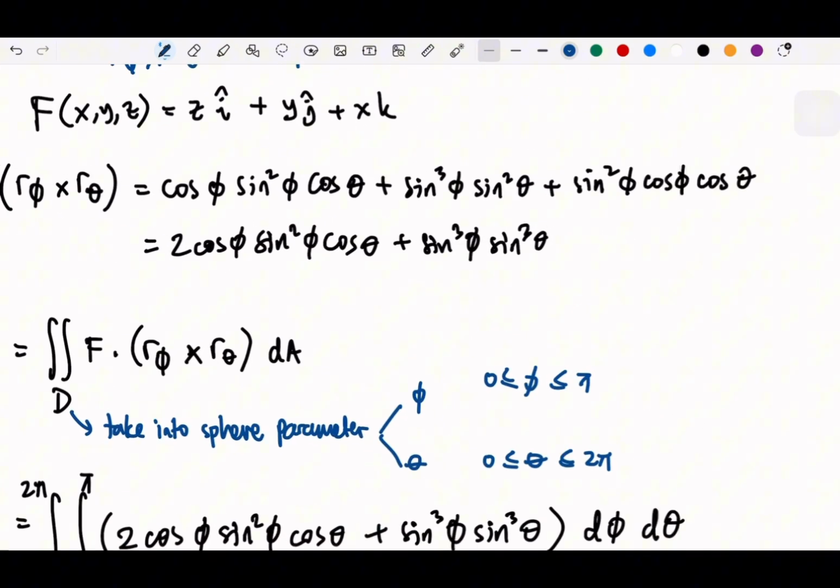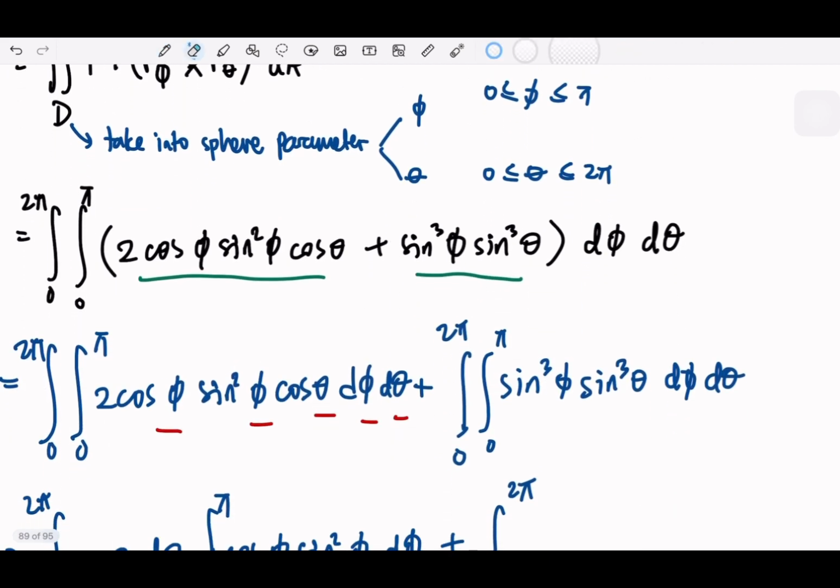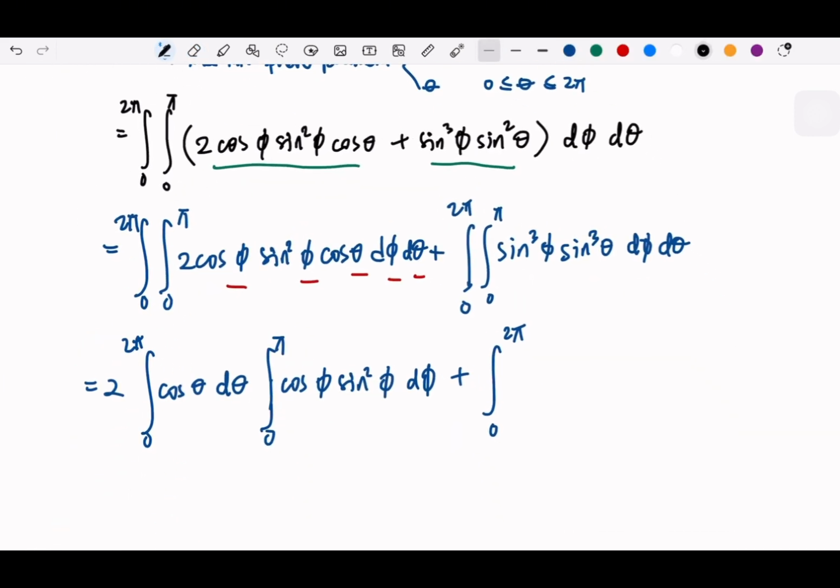Why is it becoming cube? Should be square. Sorry. Okay, this will be sine squared theta d theta.